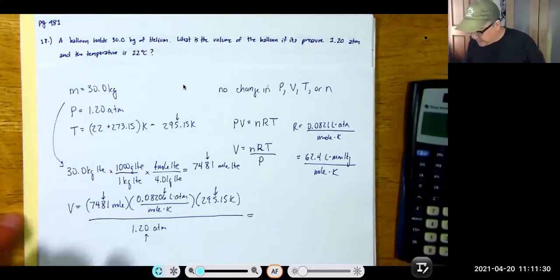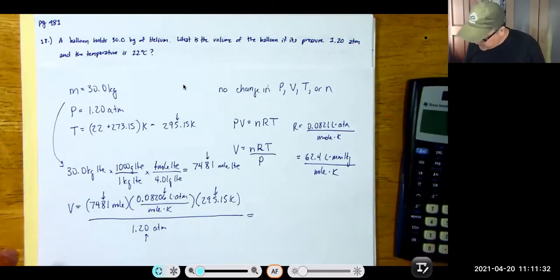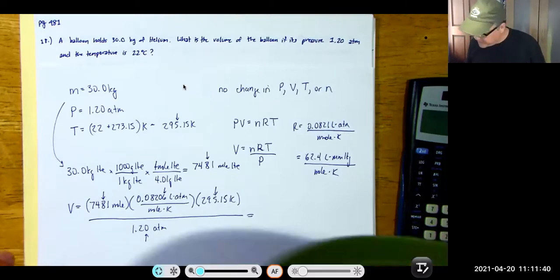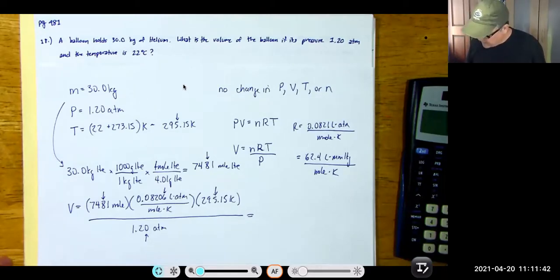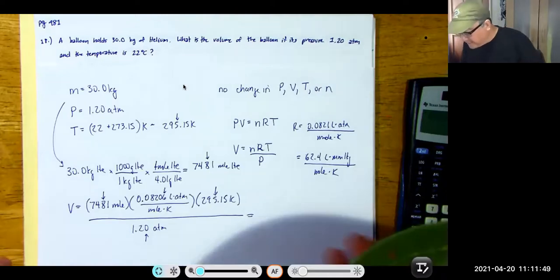All right, so let's see what we get. 7,481 times 0.08206 times 295.15 divided by 1.2, and I get a very large number.